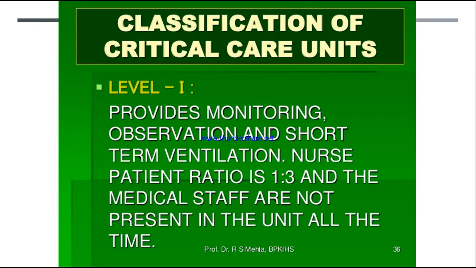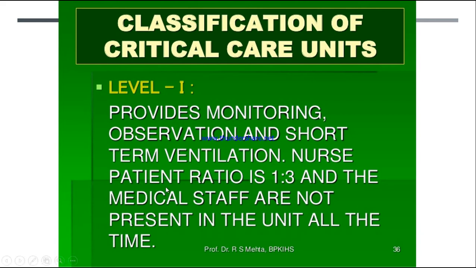Now there is also a critical care unit, so the classification of critical care units. There are 3 levels. Level 1 provides monitoring, observation and short-term ventilation. The nurse-patient ratio is 1:3, which means one nurse will take care of 3 patients.